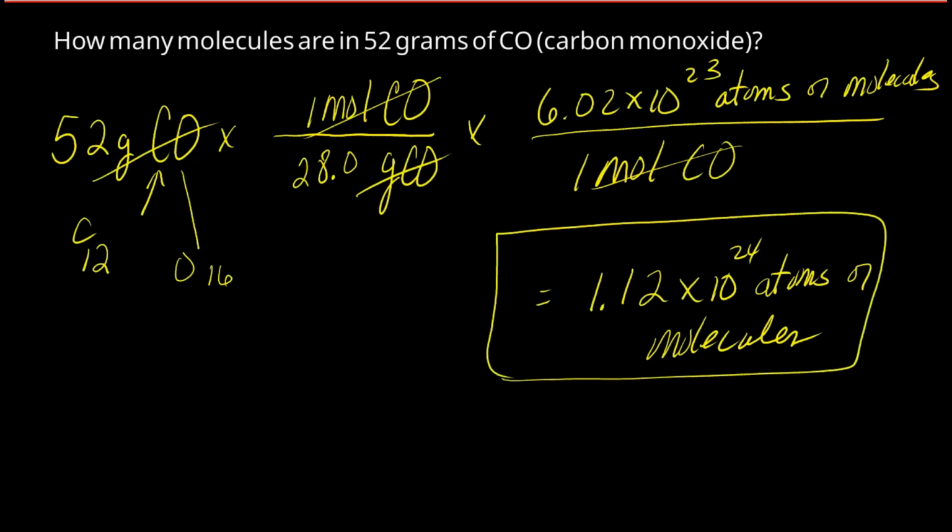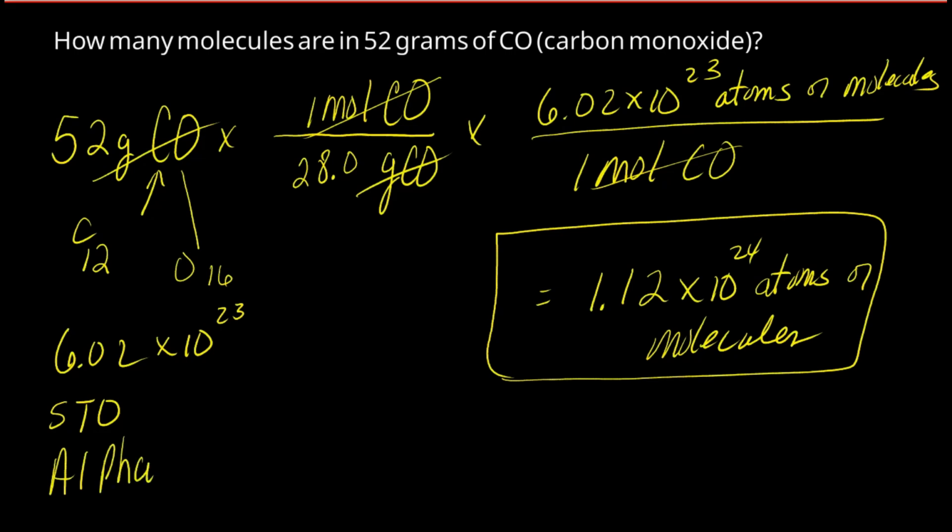One thing you probably would like to do is, rather than have to type this number over and over again, I suggest storing it in your calculator. So on a calculator like a Texas Instrument, I would type in the number 6.02 times 10 to the 23rd, then press the STO key to store it, then press alpha, followed by the letter A, and then press enter.